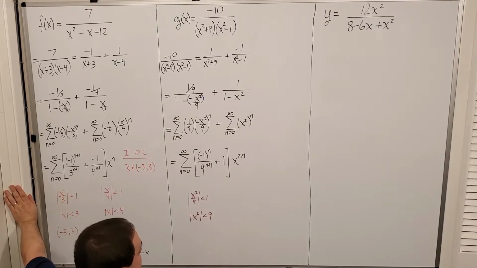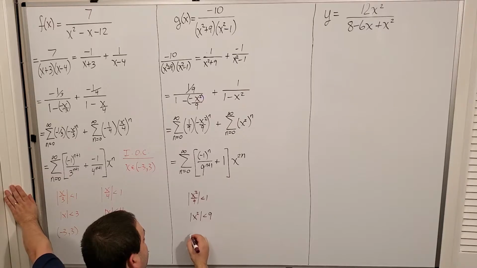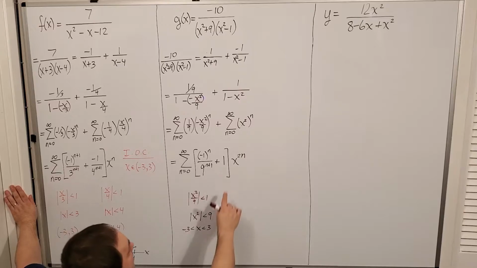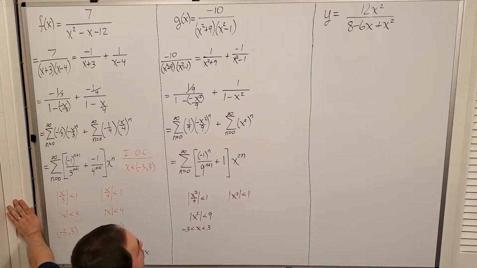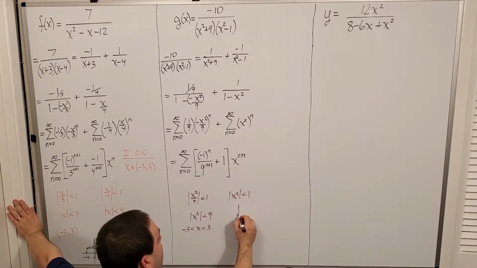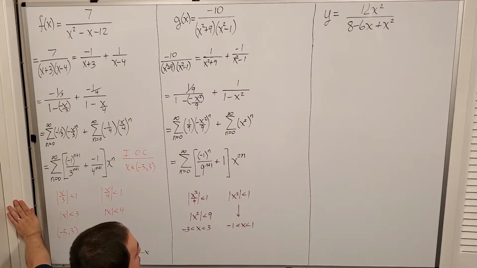Of course, with x squared, you don't really need the absolute value, but when I take the square root, I get that split, right? I get that x is going to be between -3 and 3. And then for the other guy over here, I've just got the absolute value of x squared has got to be less than 1, right? That's my r. Okay, so then I get that x has got to be somewhere between -1 and 1.